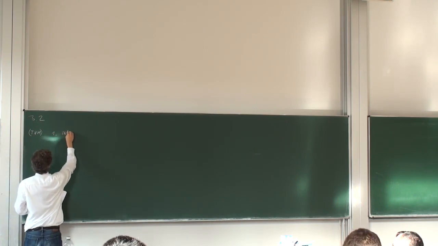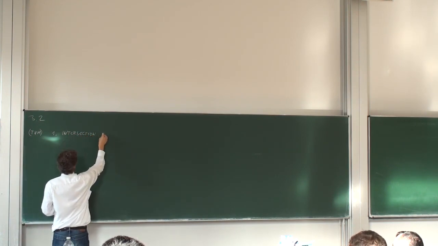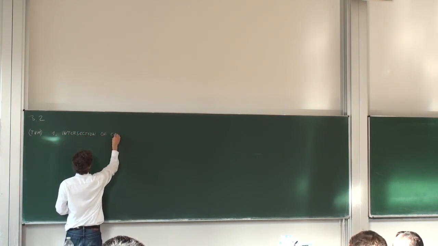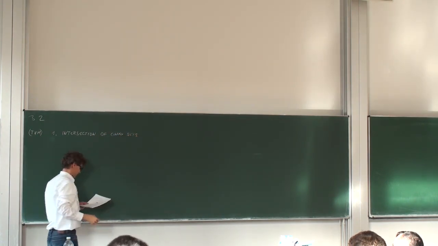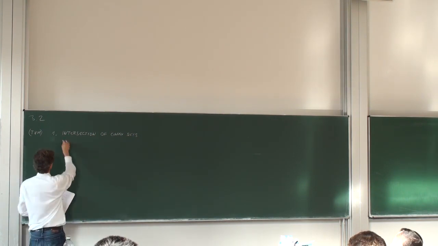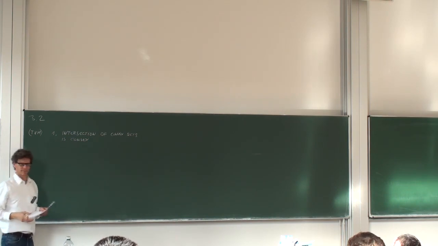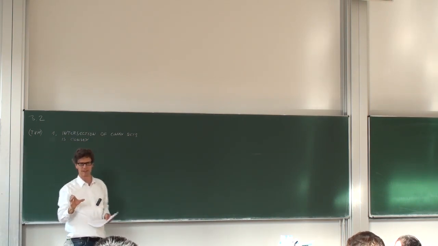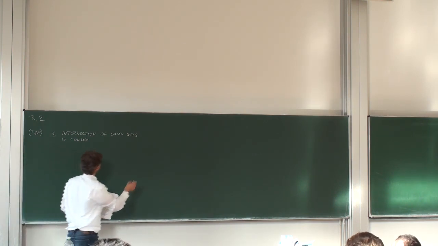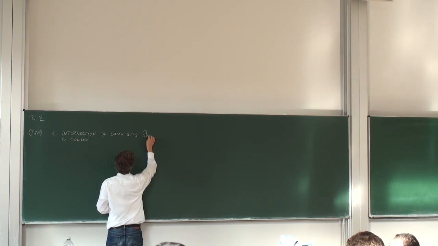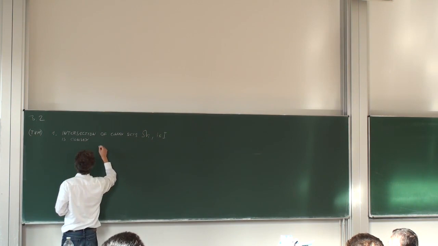If you take an intersection of several convex sets, it is convex. And this is not only for finitely many sets, but even for infinitely many sets. Yeah, so I say just sets omega_i, i an element in some index set, the intersection is convex.